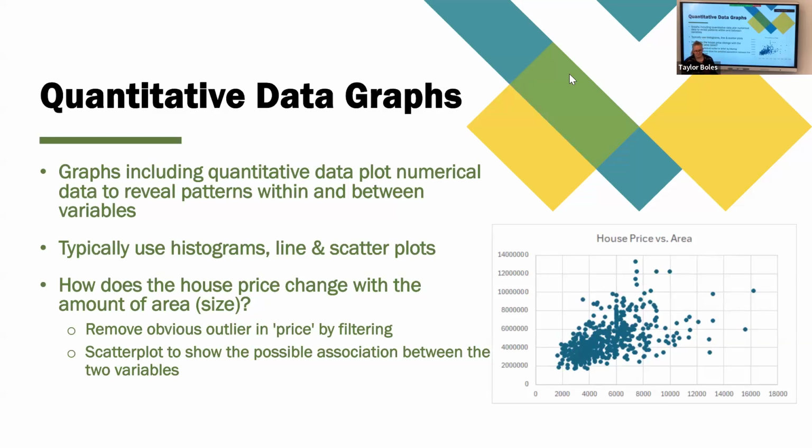And then you can do a scatter plot to show the possible association between the two variables. So you can see the area down here on the x-axis and the house price on the y-axis. And you can see a slight association: as houses get bigger, they become more expensive.